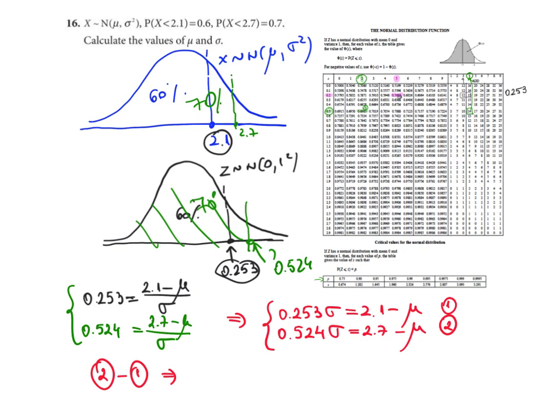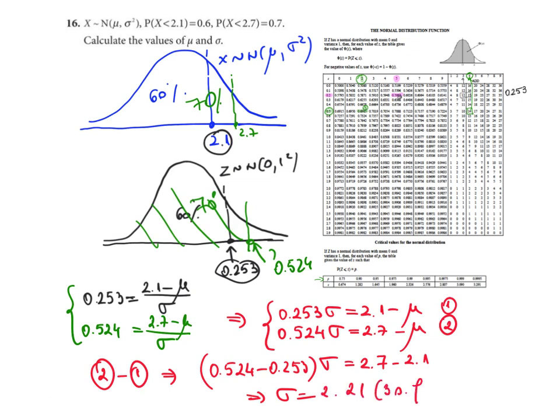So then we have 0.524 minus 0.253 sigma is 2.7 minus 2.1. Therefore, sigma is going to be 2.21, three significant figures.